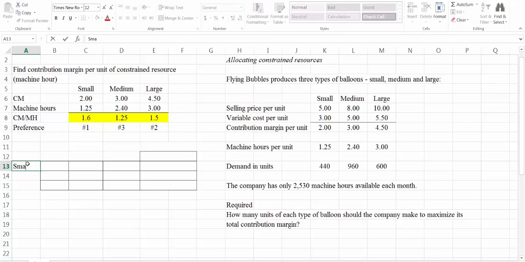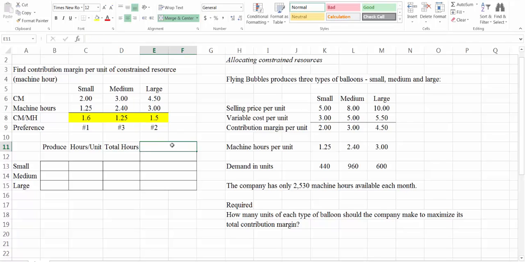So let's put small, medium, and large here. And then we're going to look at how many we're going to produce, hours per unit, and see how many total hours it takes.